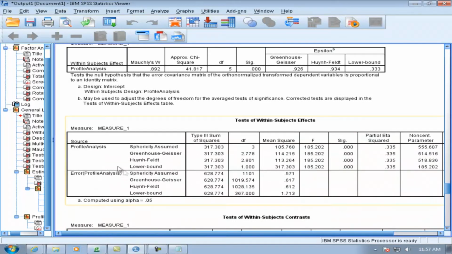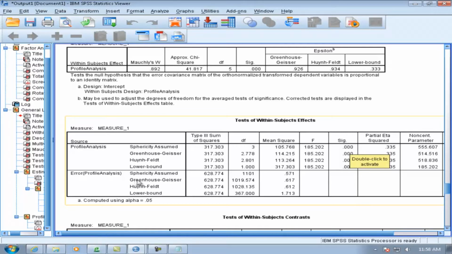Okay, here if we could assume sphericity, we could use right here, and this would be our significance. It is significant. Now notice here when we're assuming sphericity, the degrees of freedom would be 3 for the comparison among the dimensions, because you had 4, and k minus 1 would be 3.